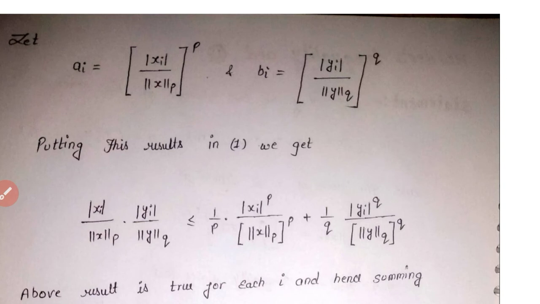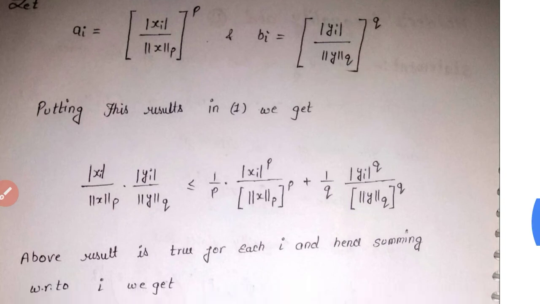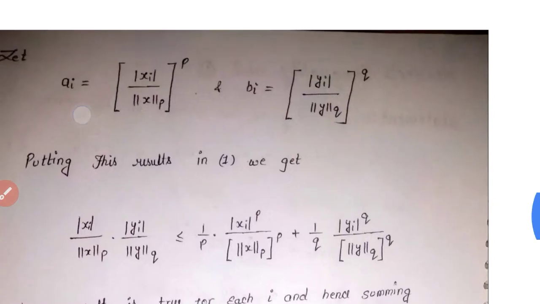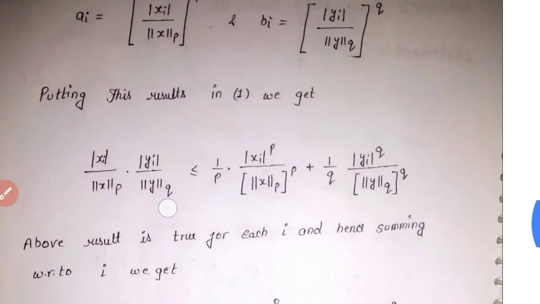Look, 1 upon the p-norm of x is known as a normalizing constant, and similarly 1 upon the q-norm of y is also a normalizing constant. So we put these values of ai and bi in equation number one, and we simply get this result.